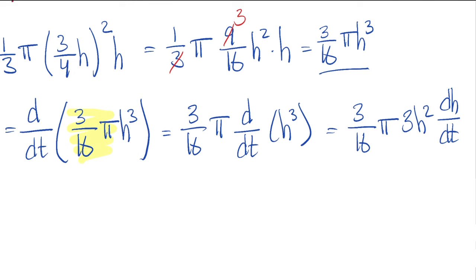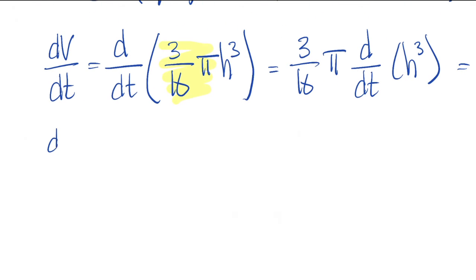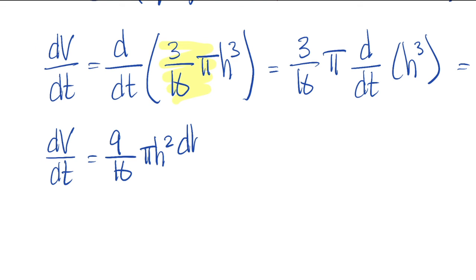We can clean it up a little bit. We can multiply the 3 times 3 just to make it a little bit neater. So we can rewrite it as dV/dt equals 9 over 16 pi h squared times dh/dt.